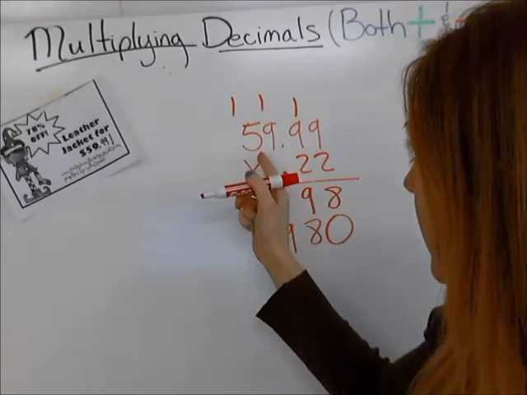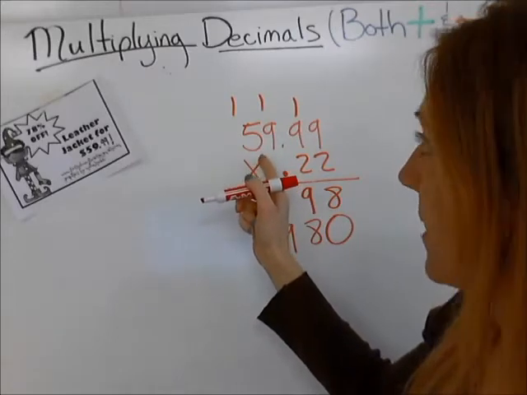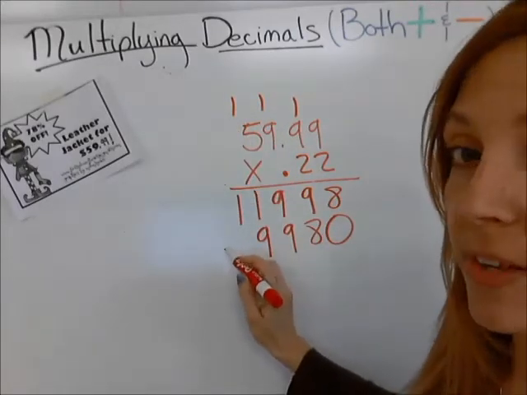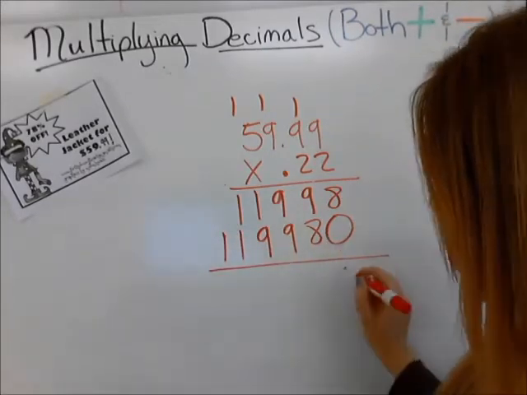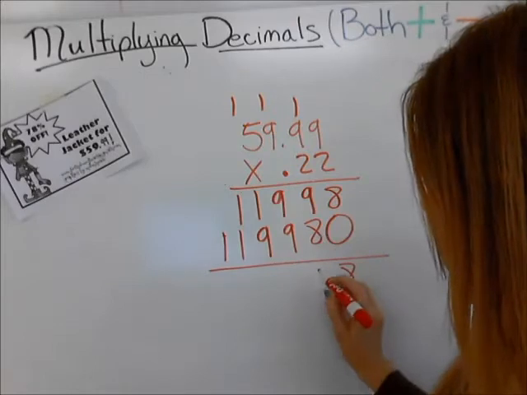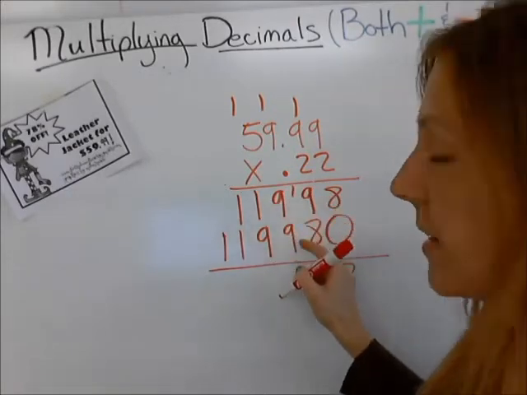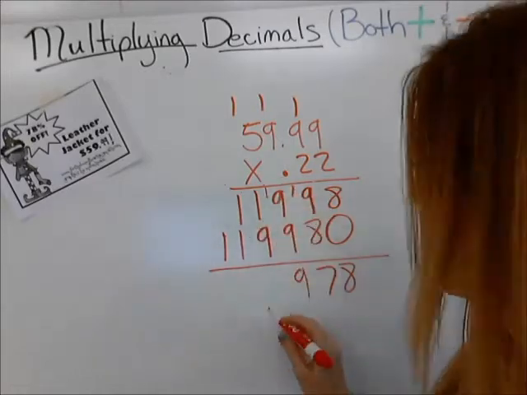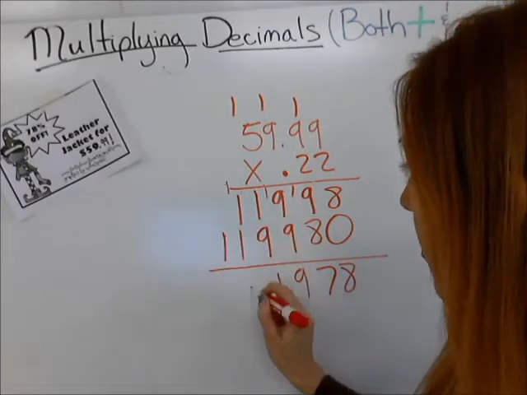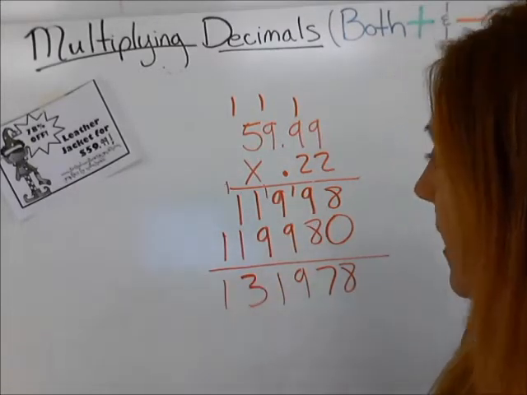And 2 times 5 is 10 plus 1 is 11. Okay, so 8, 9 and 8, 17. 9 and 9 is 18 plus 1 is 19. 9 and 1 is 10 plus 1 more is 11. 3 ones is 3. And then 1.